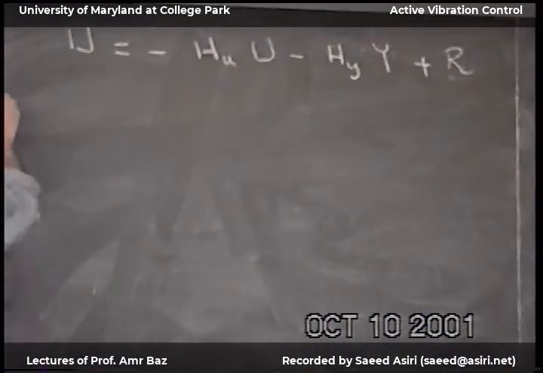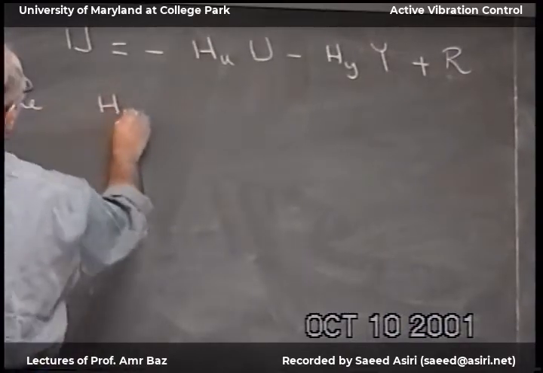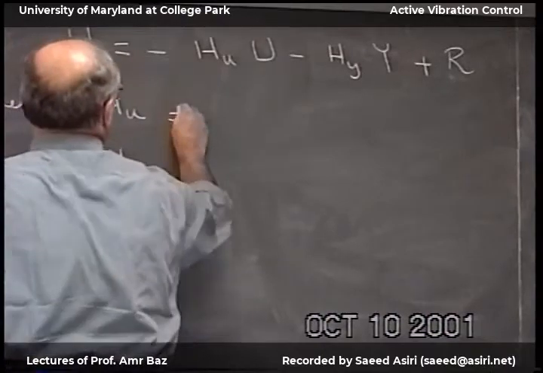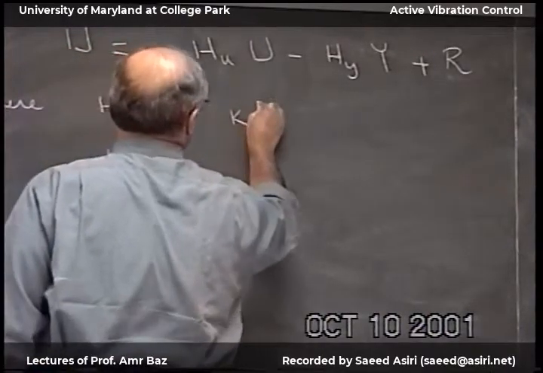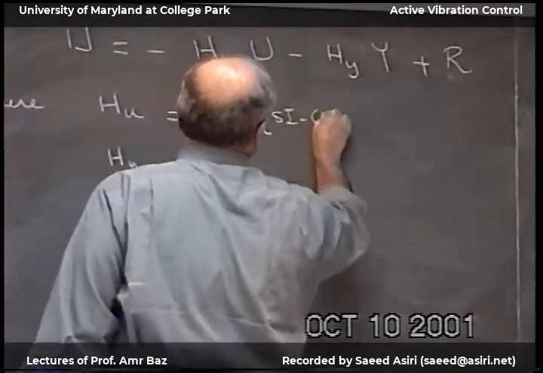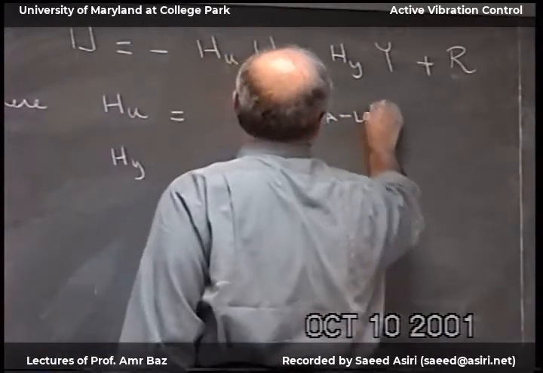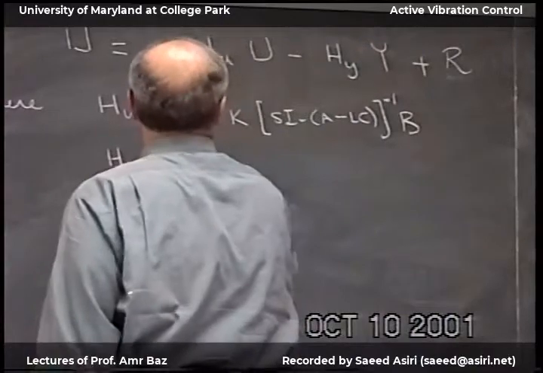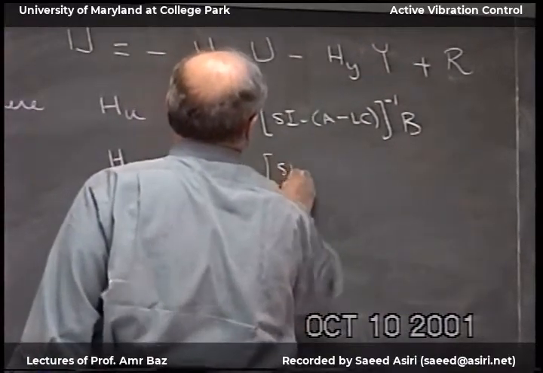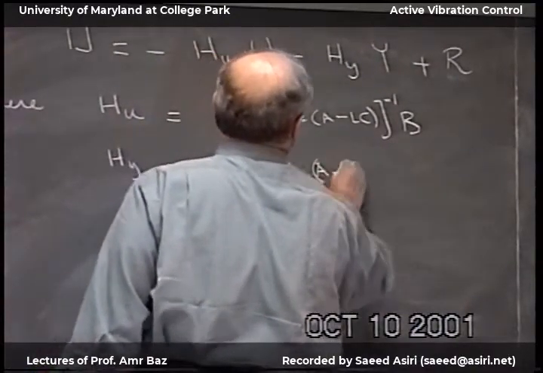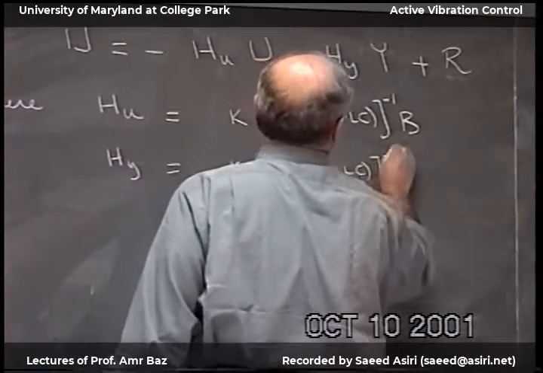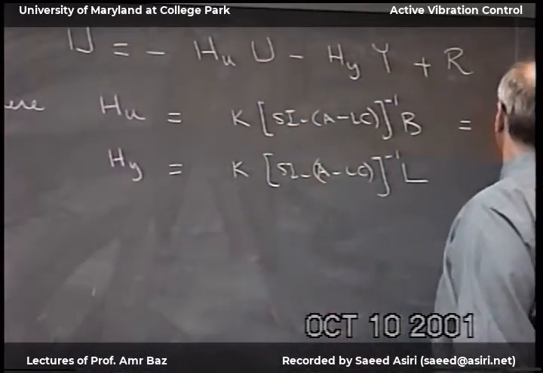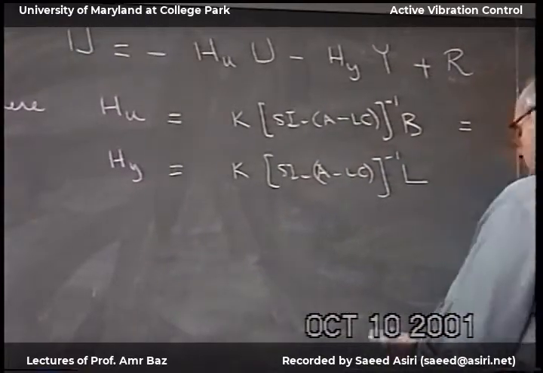And now we see here the H_U and the H_Y are equal to K sI minus A minus LC inverse B, and K sI minus A minus LC inverse L. And I'm going to simplify this like this.